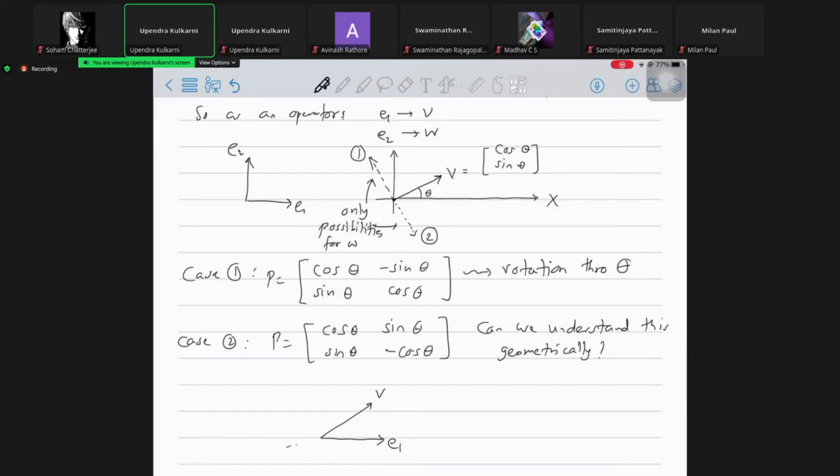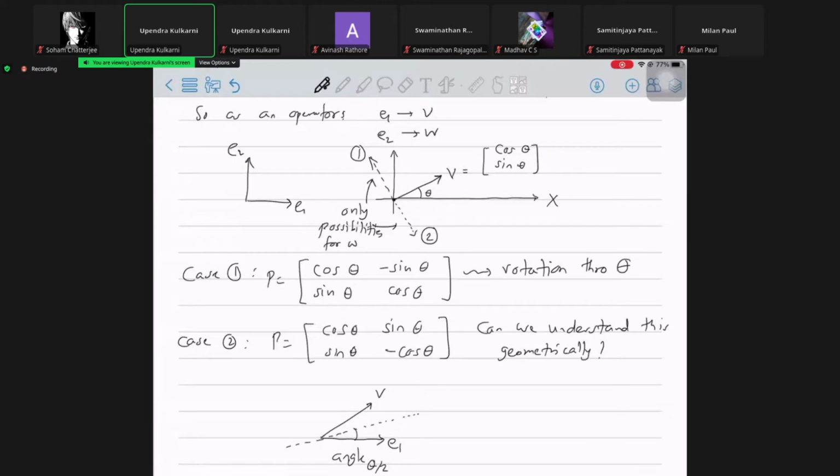So one thing is, if I draw this line over here through angle theta by 2, and I consider reflection through this dotted line, think of this dotted line as a mirror and reflect every vector in this dotted line, then is it clear that this is a linear operator?